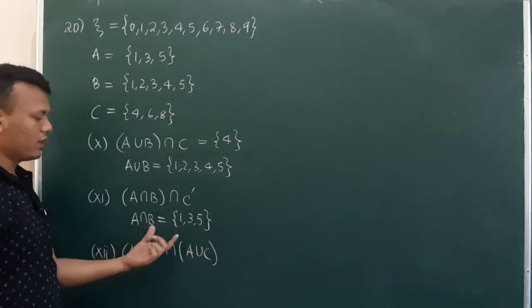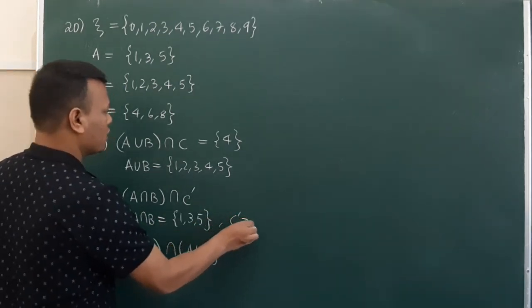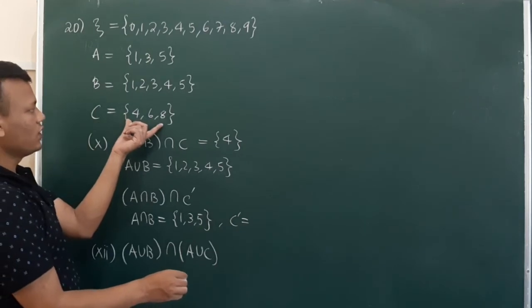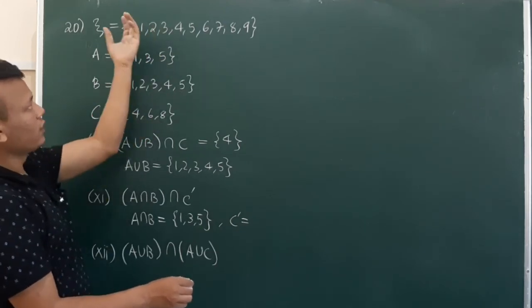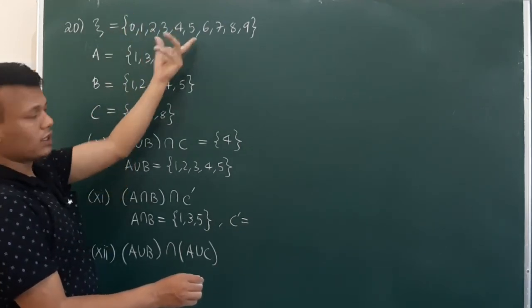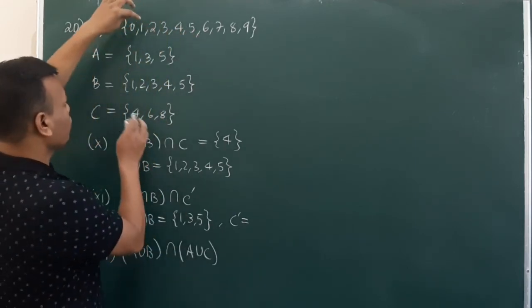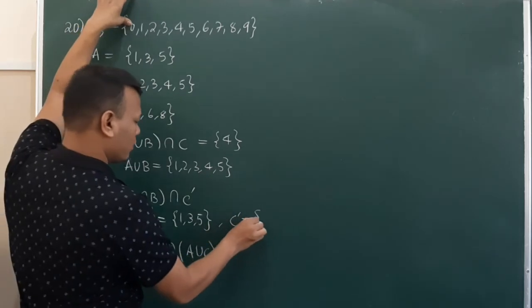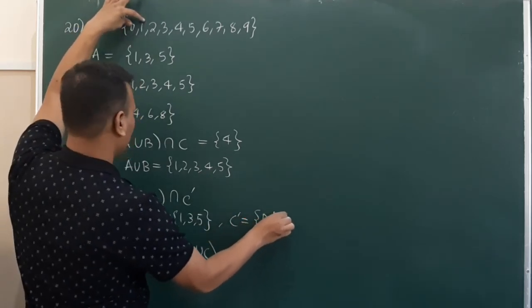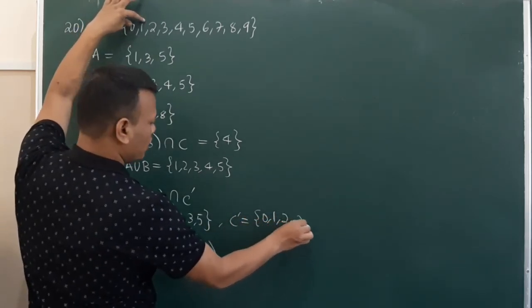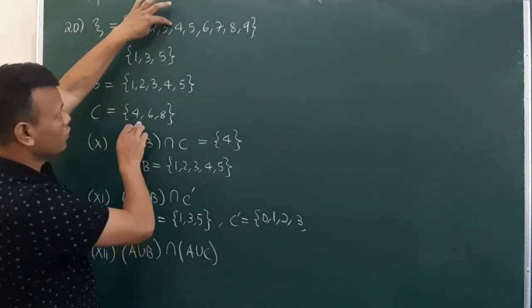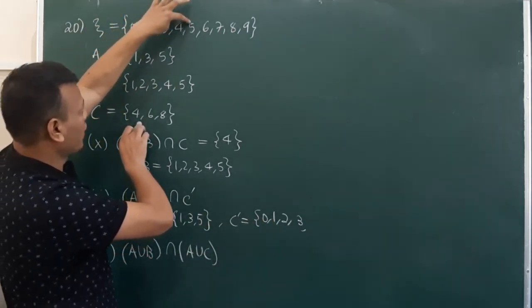Now we have this. Now let's see what is C dash. C is this, isn't it? So C dash means subtract C from the universal set. That means remove these elements from this. Alright. So if I remove, then C dash will be 0, 1, 2, 3, 4 is already there, so need not be written. 5 is not present.